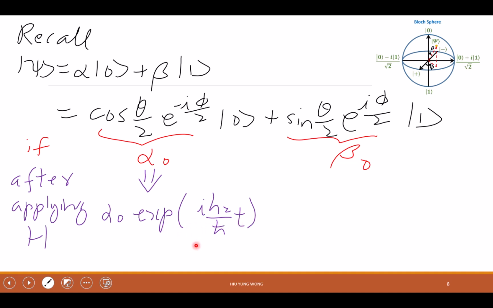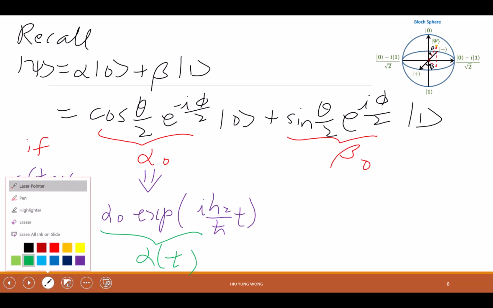Any questions? This is important. Anyone? Is this clear? This whole thing is alpha of t, by the way.